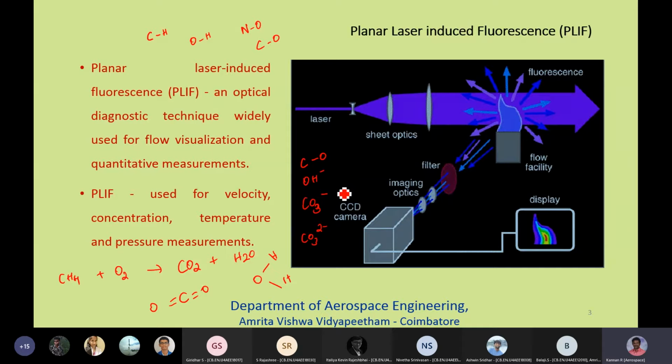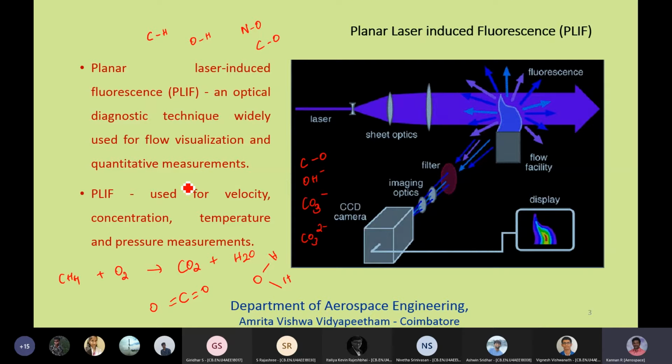So lots of free radicals are going to be there in the combustion, not only CO2 and H2O. Now I want to see the concentration of the CO species and OH radical, and we can capture those effectively with planar laser induced fluorescence. I'll come back to that.